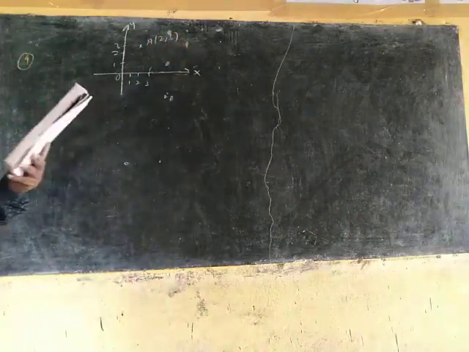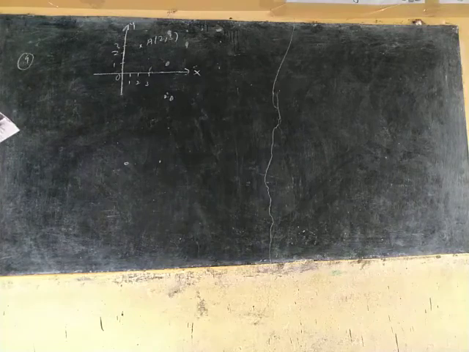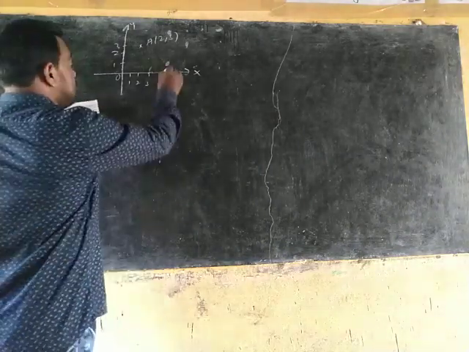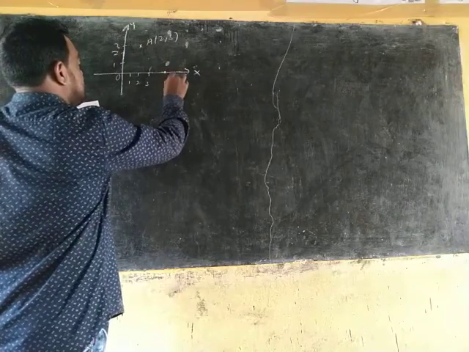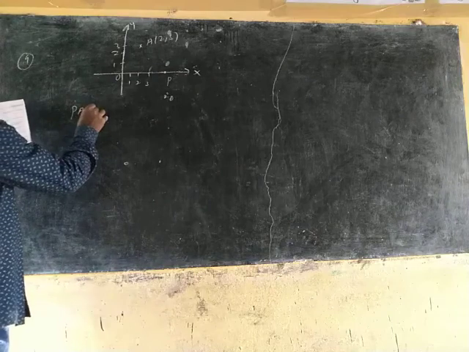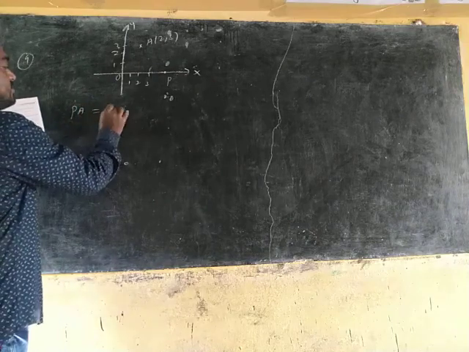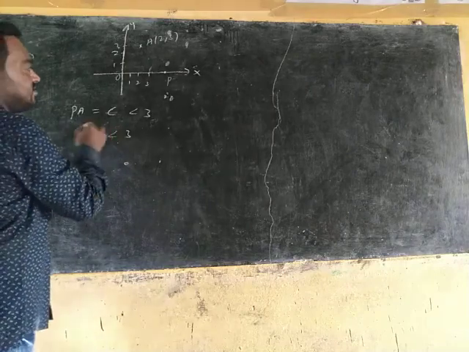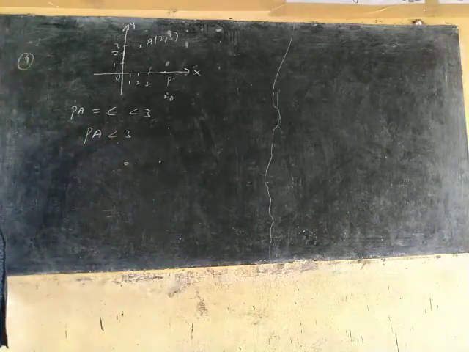So what we need to find is the number of points on the x-axis which are at a distance of c. This is one of the points on the x-axis, P. So the distance P to A is c. C is less than 3, they have given. That means the distance P to A is less than 3.